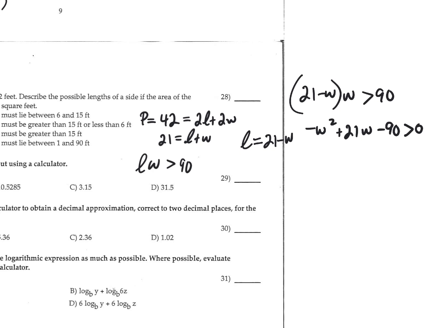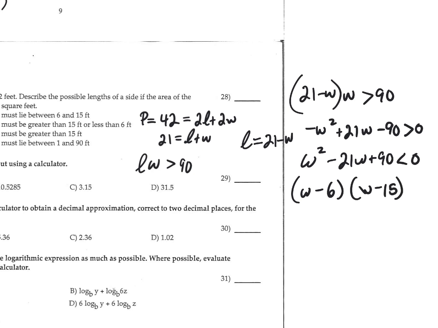And I don't like that negative leading out in front, so I'm going to divide this whole inequality by -1. I'll have W squared minus 21W plus 90, and because I multiplied by a -1, I'm going to flip my inequality. So when I factor this, I will get W minus 6 and W minus 15 is less than 0.